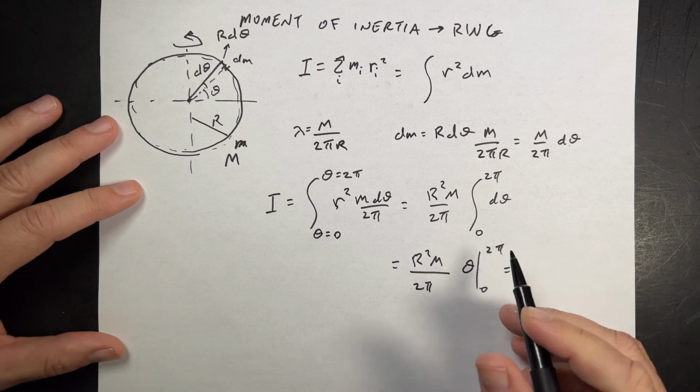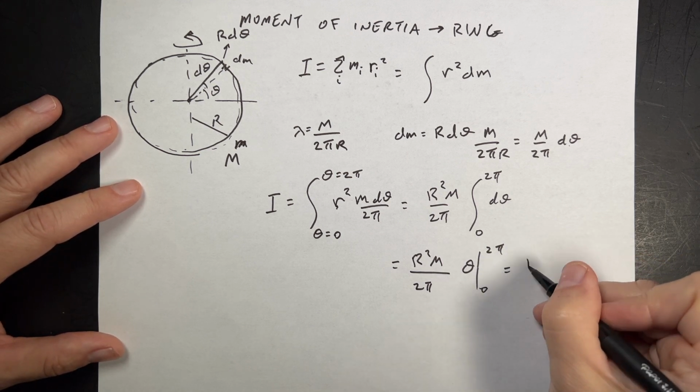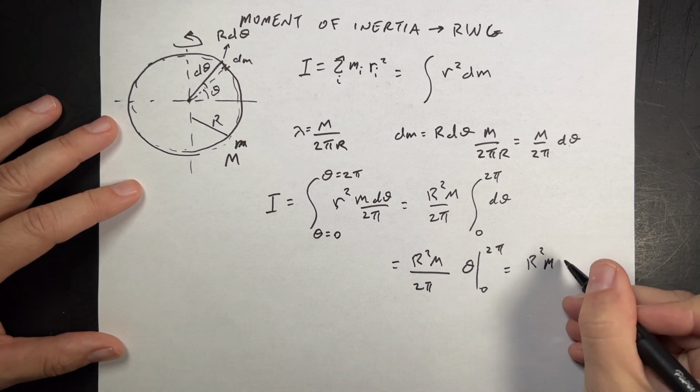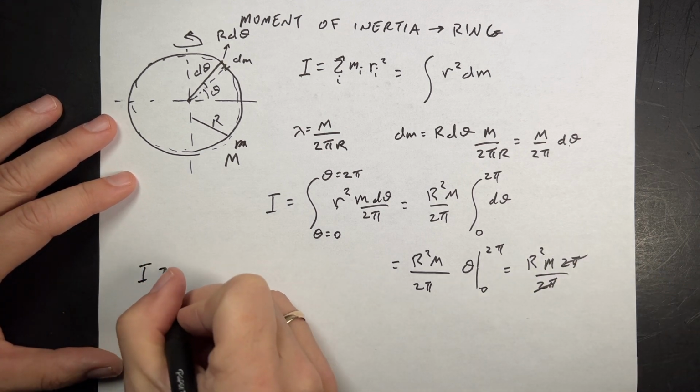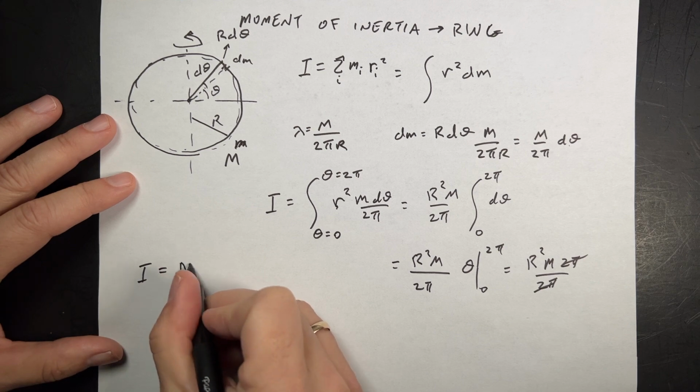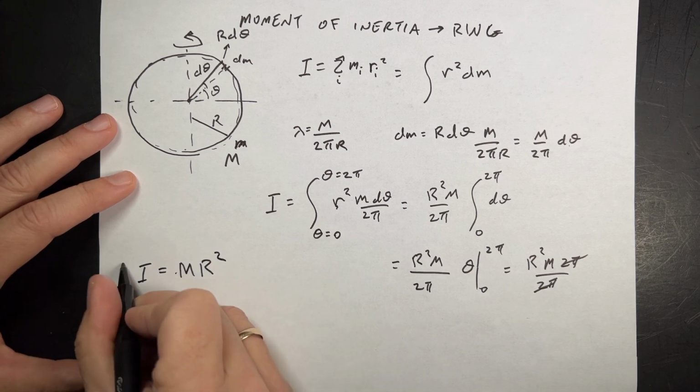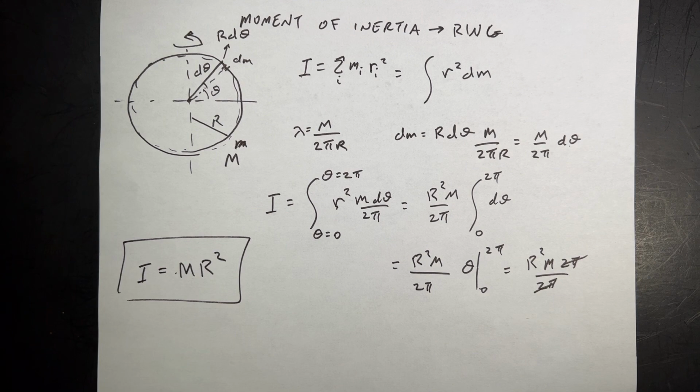That gives 2 pi minus 0, so I get r squared M 2 pi over 2 pi, the 2 pi's cancel, and we usually write the M first: M r squared. That's the moment of inertia of a hoop.